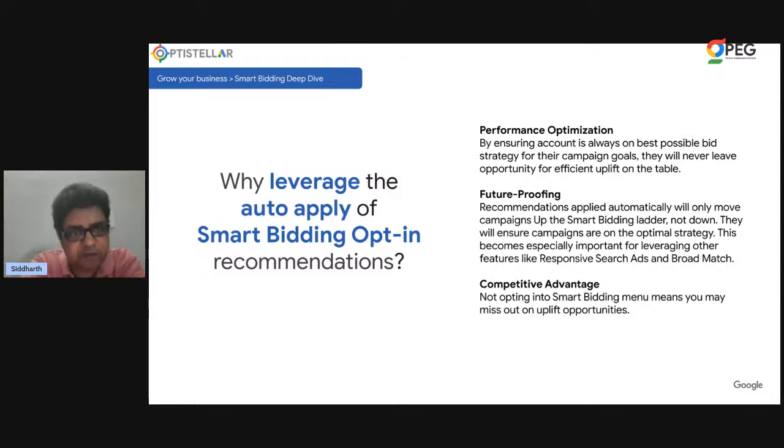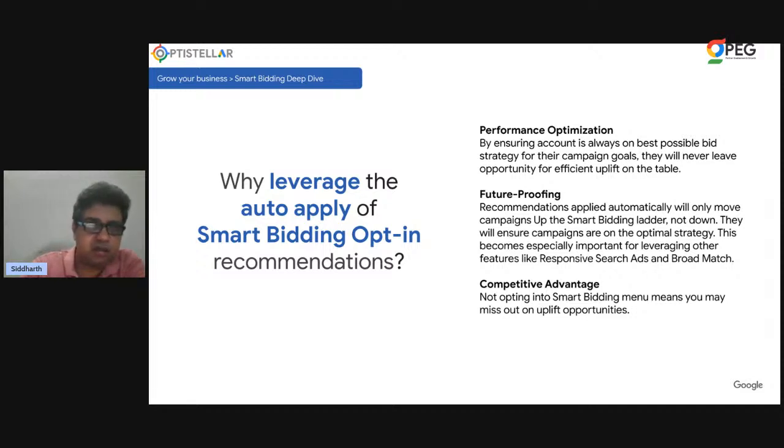You could opt in for the smart bidding recommendations, and auto apply will actually help you opt or move into a smart bidding recommendation as and when the time is right.